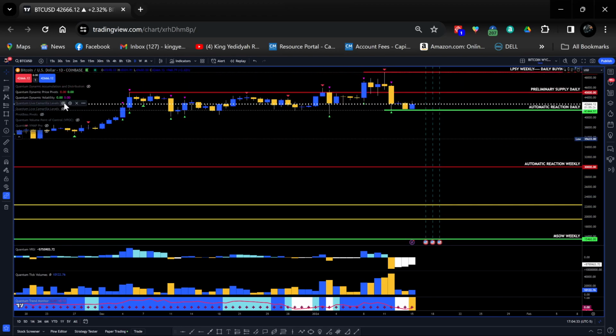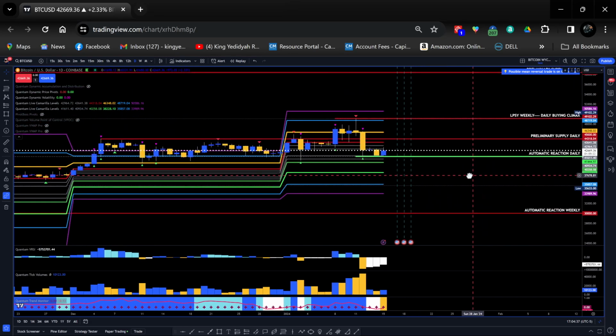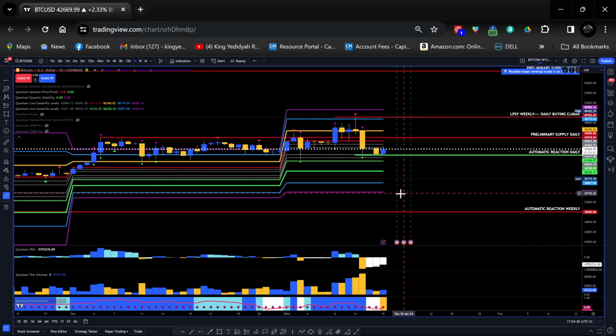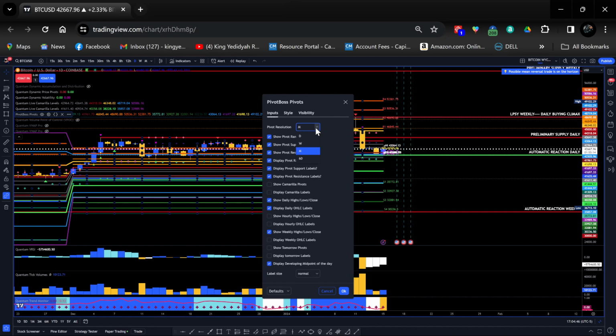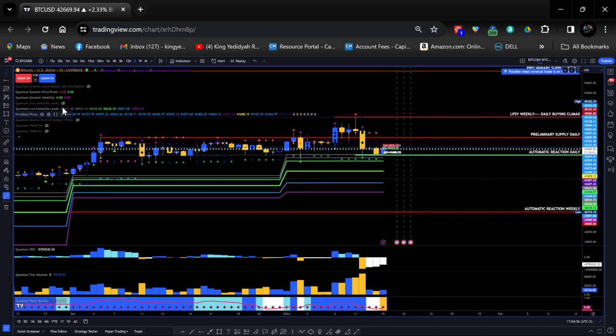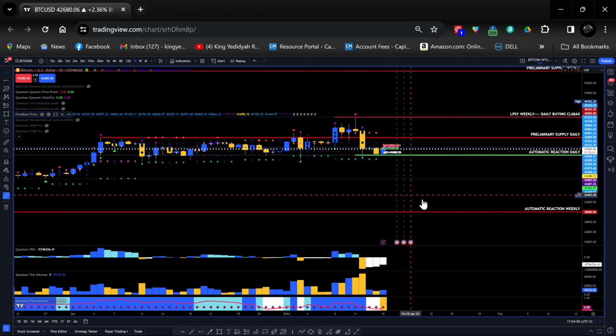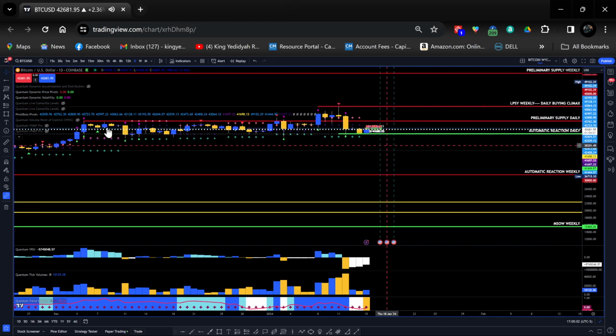Okay. Let me look at something here. This is the monthly Camarillas. Let me do the monthly. Let's do the 60 on the pivots. Nothing popped up.